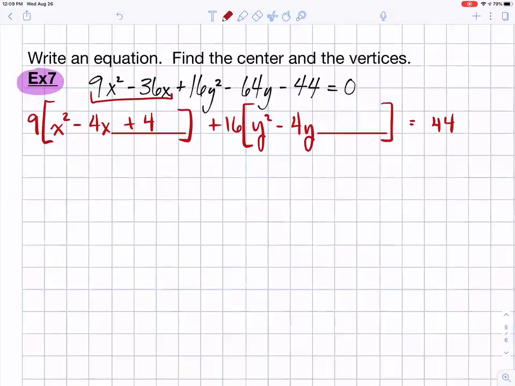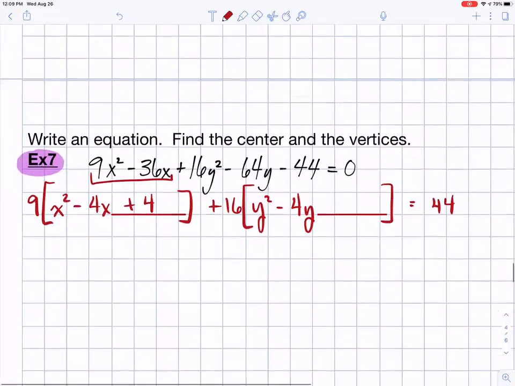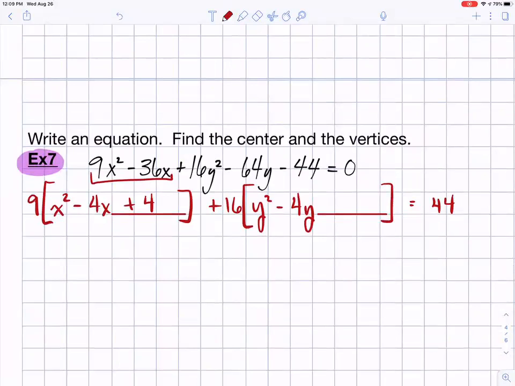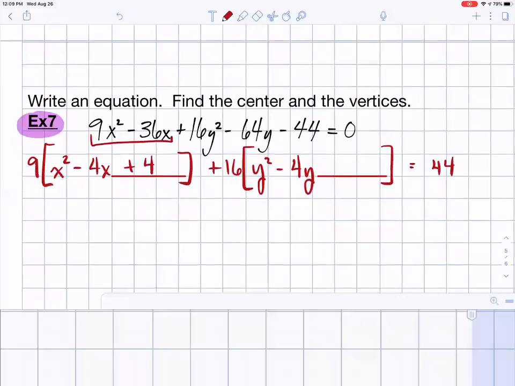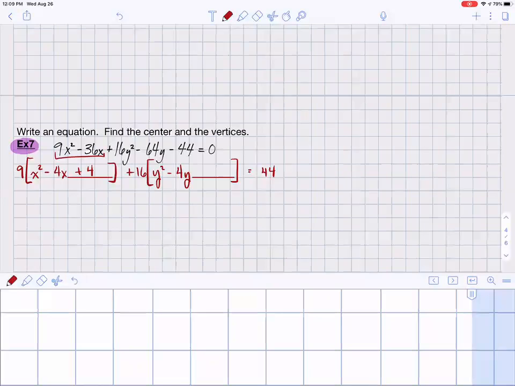But when I add it to both sides, that really wasn't a 4. It's actually a 36. I know it's a 4 on the inside, but really its value is a 36. So when I go to the other side, I'm not adding 4 to both sides.